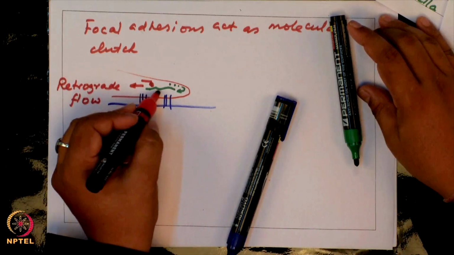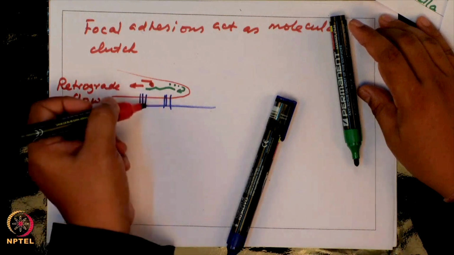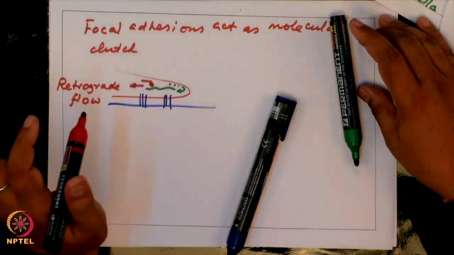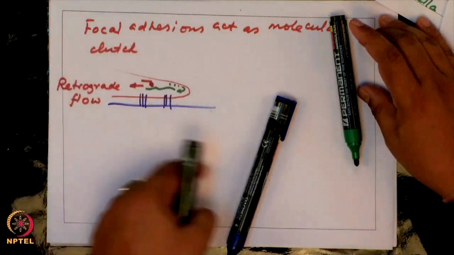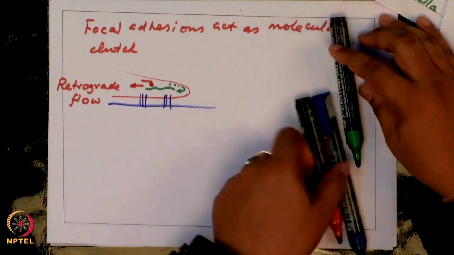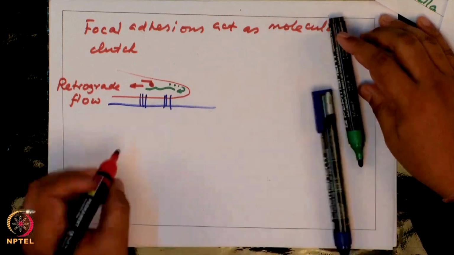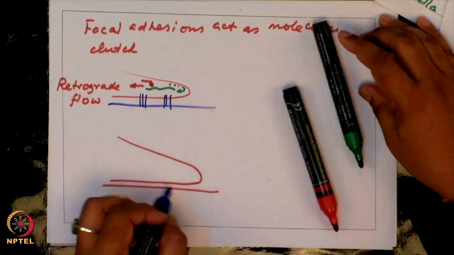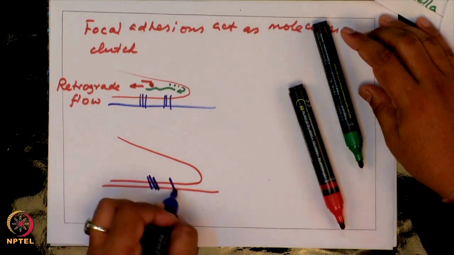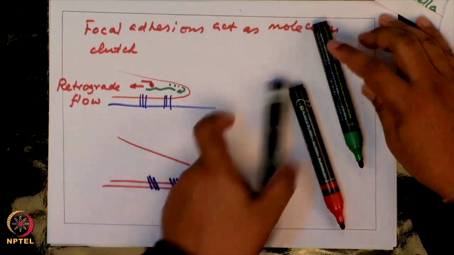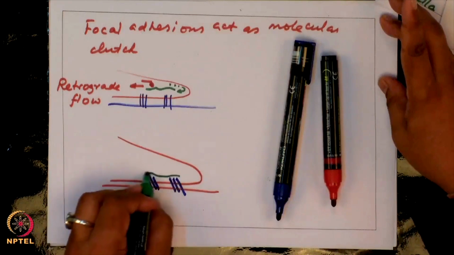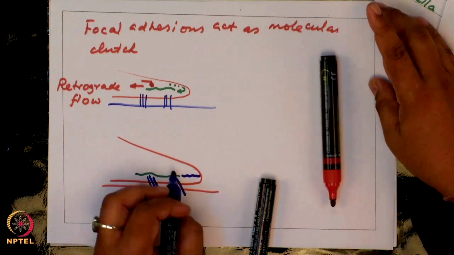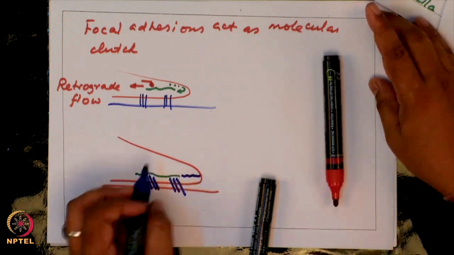If the actin filament is not attached to the integrin, or is in the disengaged configuration, you will not have any edge displacement, but you will only have retrograde flow. However, if the focal adhesions are engaged to the actin, so this is my actin network now, you can have filament polymerization at the leading edge.